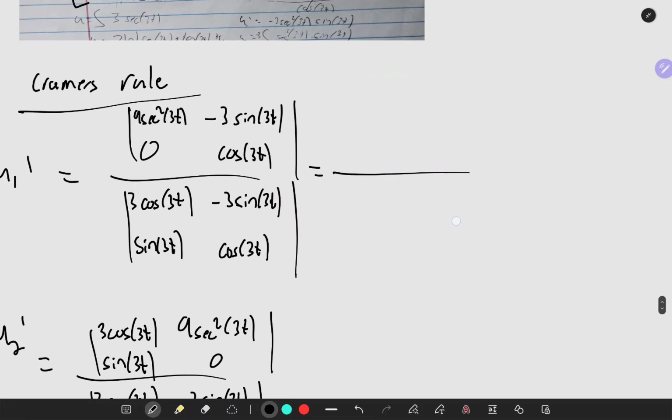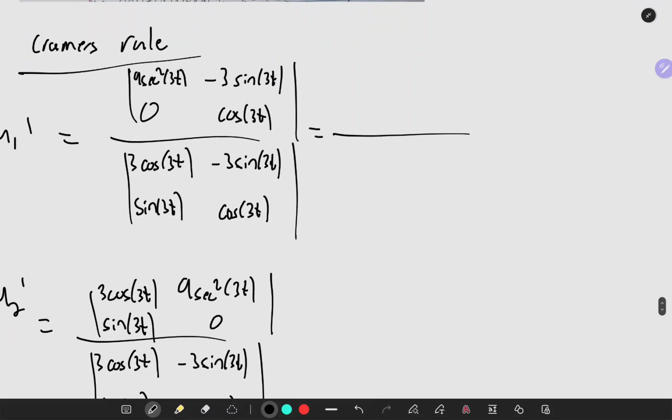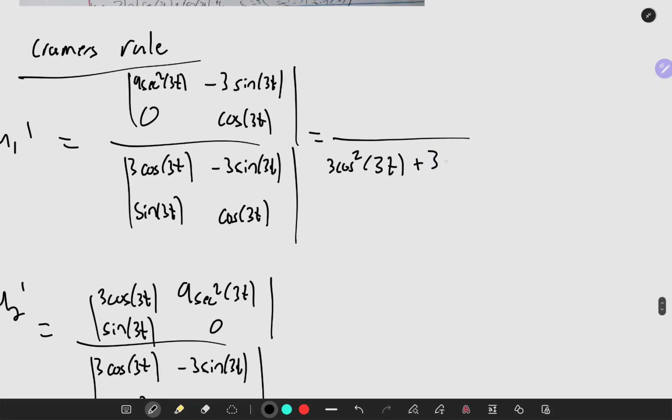So the denominator I'll do first. We're going to have 3 cosine squared. So I can already see we're going to have a trig identity here. Very nice trig identity. Then we're going to have plus, because the negatives will cancel, plus 3 sine squared. See how this is a very nice identity here?